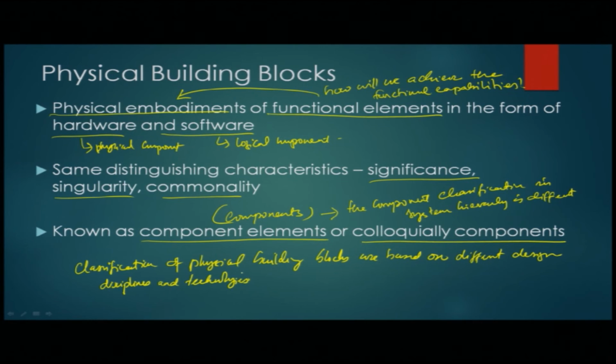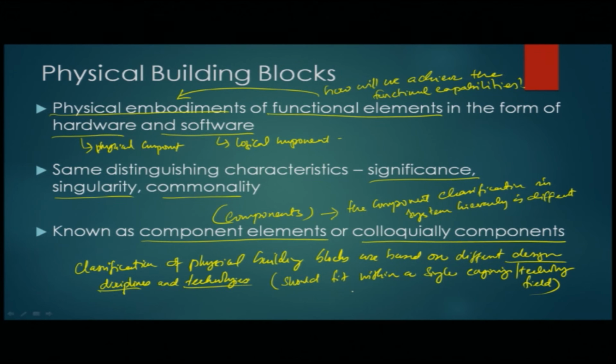Remember we said earlier that one aspect of the elements is singularity, that they should fit within a single engineering technology field. So the physical building blocks are classified based on different design disciplines and technologies. Depending upon the design discipline we have different types of components, or the technology used also defines the different discipline components.